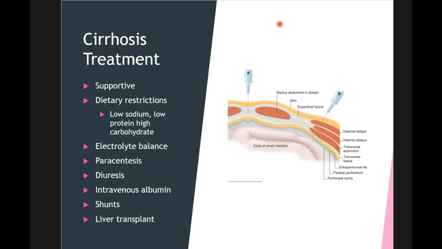They may require the use of diuretics to reduce the body fluids. Sometimes, in the case of ascites, what they do is a paracentesis, not only to examine the fluid to make sure there's no infection going on there, but also for relief. Remember that the accumulation of fluid pushes up on the diaphragm. It increases tension in the system.